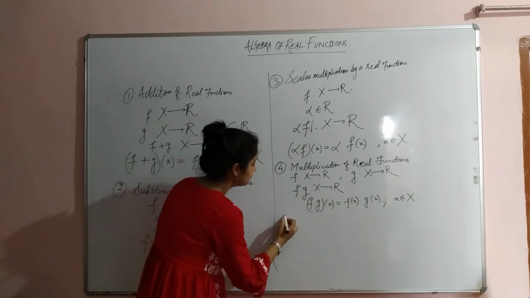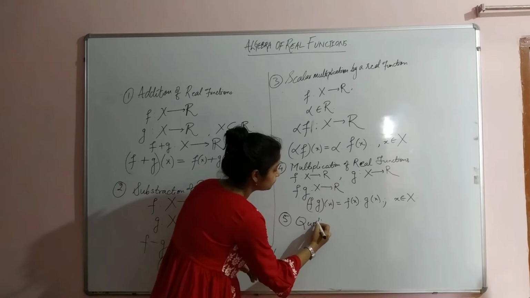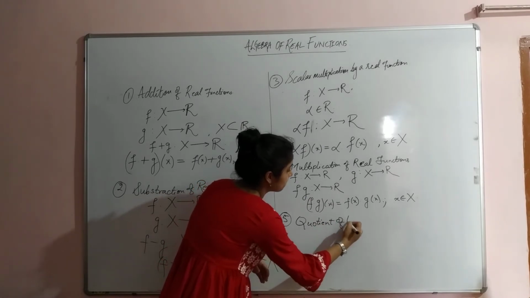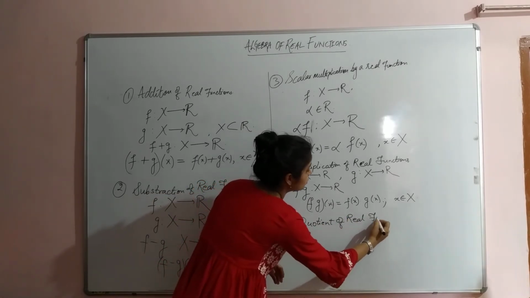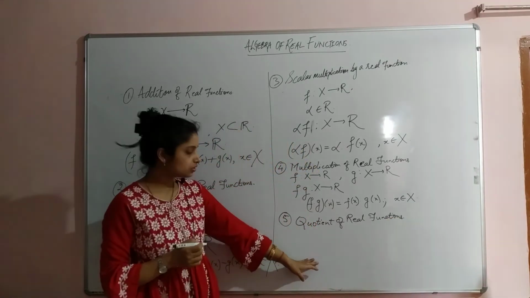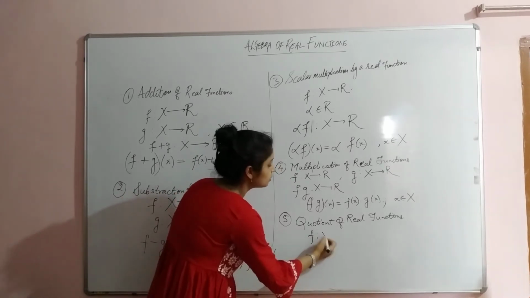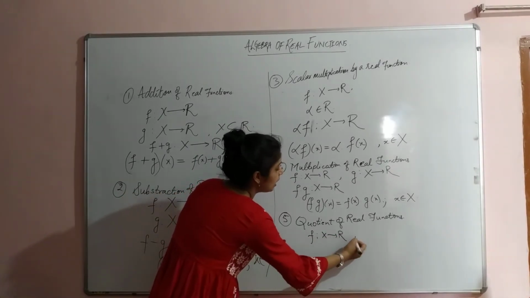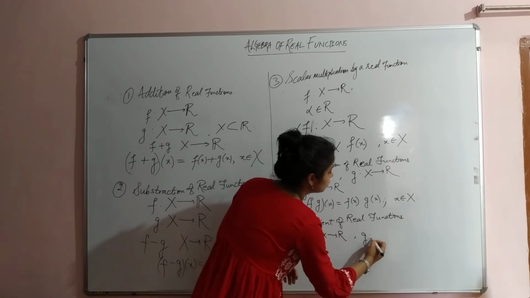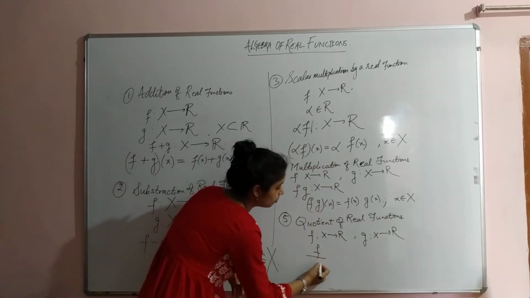This is the way. Now next is the quotient of real functions. Again, f is a function from X to R and g is a real function from X to R. Then their quotient is f upon g.